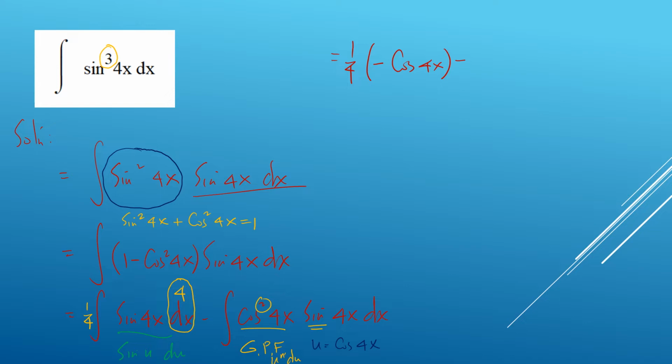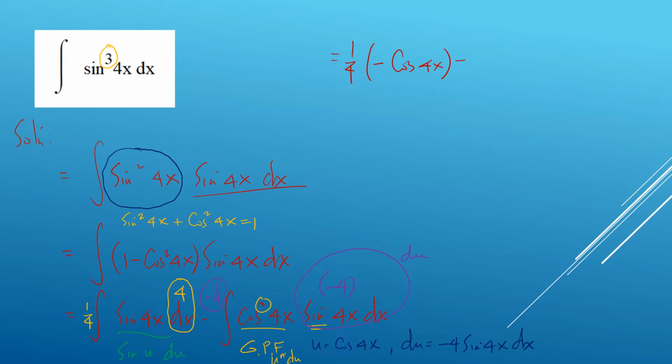Our u is cosine 4x and our du is negative 4 sine of 4x dx. So what we have is sine 4x dx, and we introduce negative 4 to complete our du. So we multiply by the reciprocal, negative 1/4.